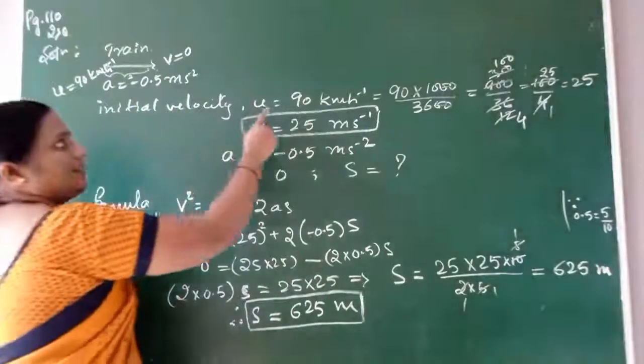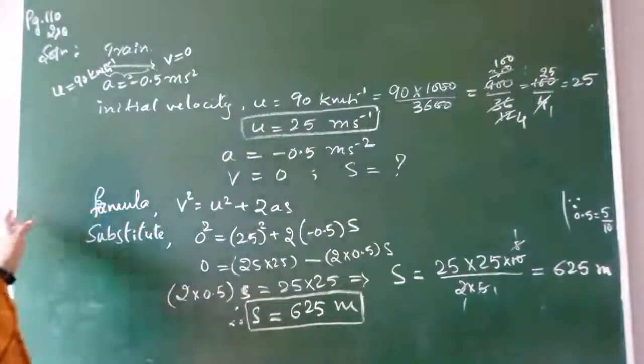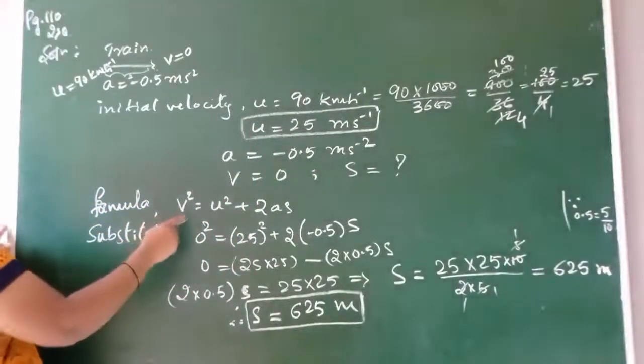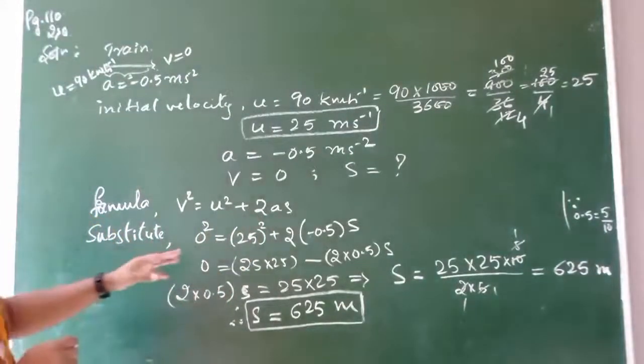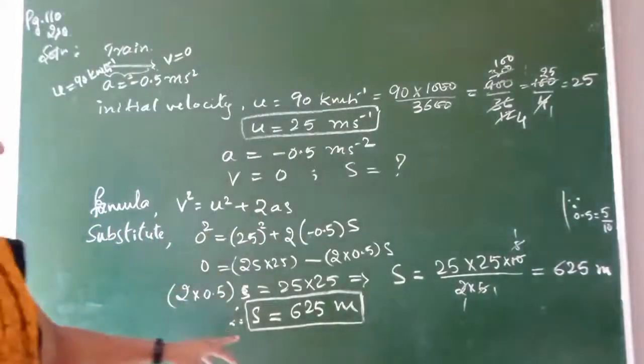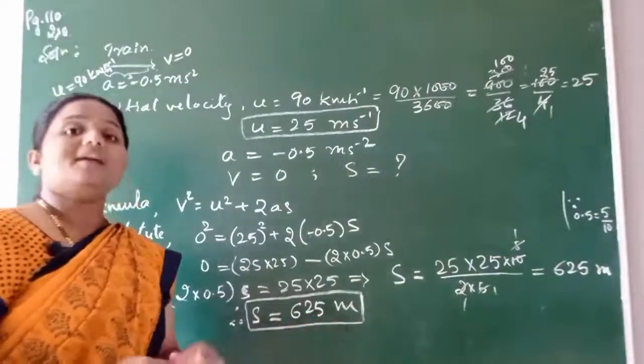Now first we need to convert this into meter per second. We get 25 meter per second. Then we need to use the formula v square equals u square plus 2as. After substituting all the given values, we will get the distance. S is equals to 625 meter.